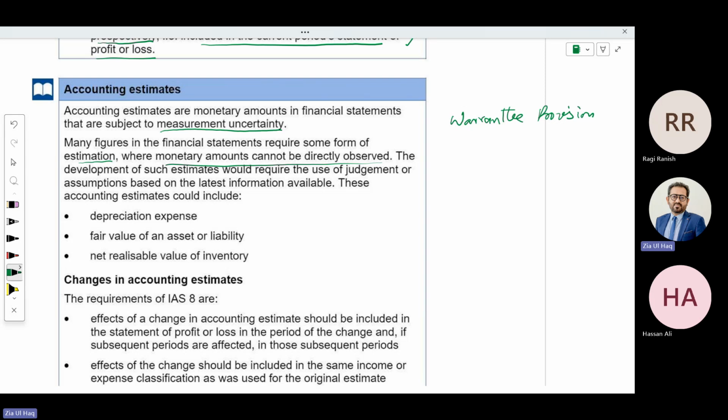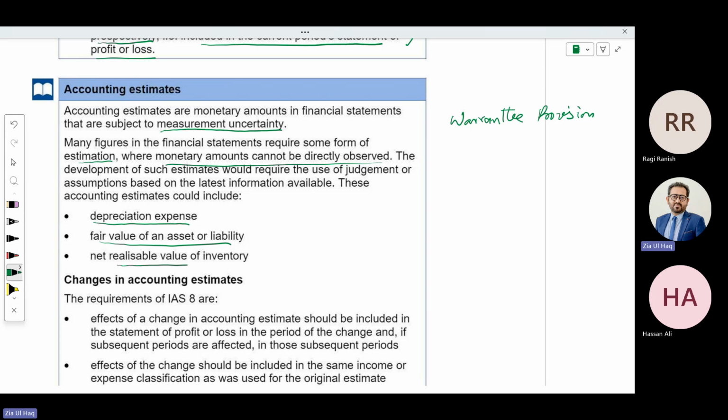That is an estimate. These accounting estimates could include depreciation expense according to useful life and residual value, and fair value of an asset or liability. You cannot measure the fair value accurately except while selling the asset, when you see what you are receiving. Otherwise, you can just make a guess.